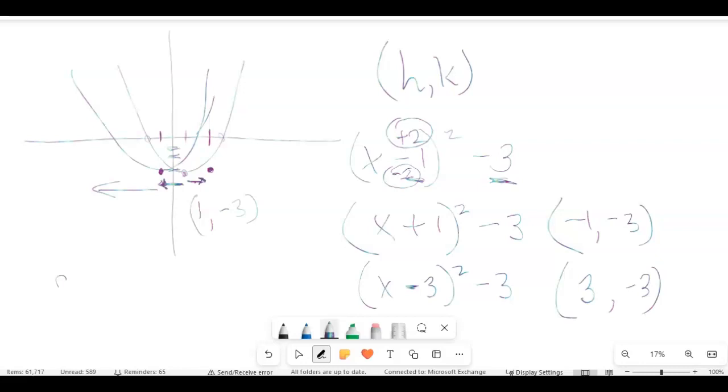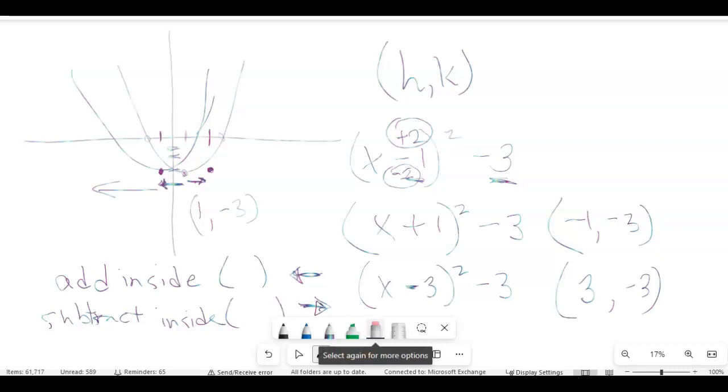So adding inside parentheses means it moves to the left, and subtracting inside the parentheses moves to the right.